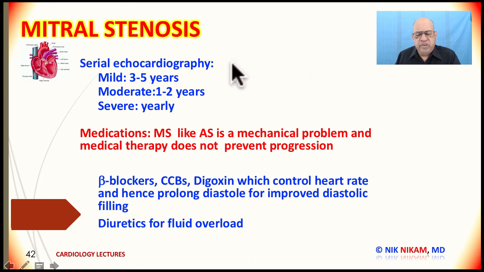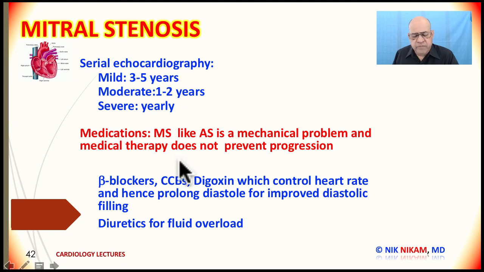Echocardiography also plays an integral part of the lifelong story of a patient with mitral stenosis. We should get serial echocardiography every 3 to 5 years in mild, every 1 to 2 years in patients with moderate, and yearly echocardiography in patients with severe mitral stenosis to study their mitral valve structure and function.